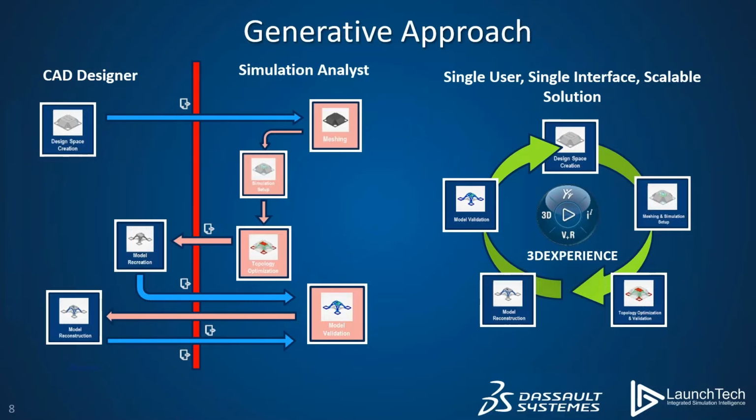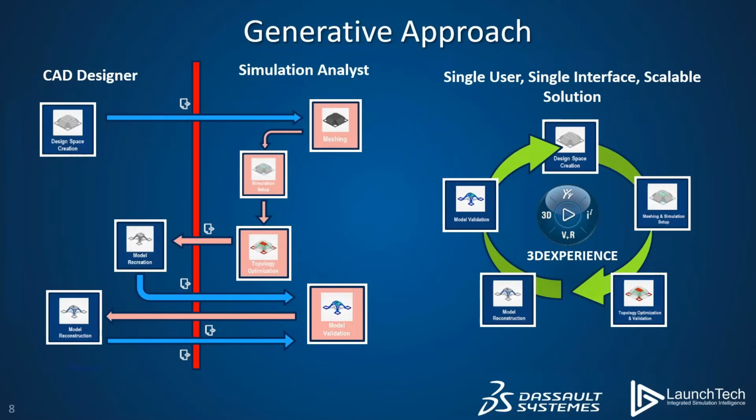When doing this activity, with the data interchange between the CAD designer and the simulation analyst, there is a huge silo in between. The CAD designer has to design, export, and give it to the simulation analyst. He will open the product in a different software. The data related problems will come, and it mostly results in a very time consuming process, because it's continuous to and fro activities to get the end product.